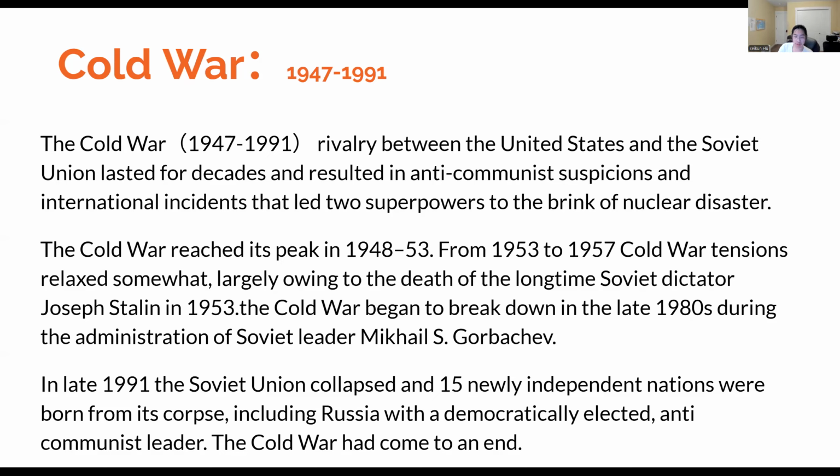So the Cold War reached its peak in 1948 to 53. In this part, the Soviets unsuccessfully blockaded the western held sectors of West Berlin, and the US and European allies formed NATO, which basically bonded them together. It was like, if you attack me, we will all attack you. Basically, they resisted Soviet presence in Europe.